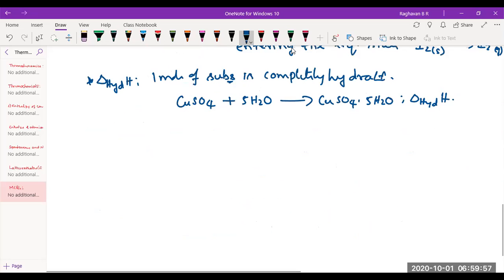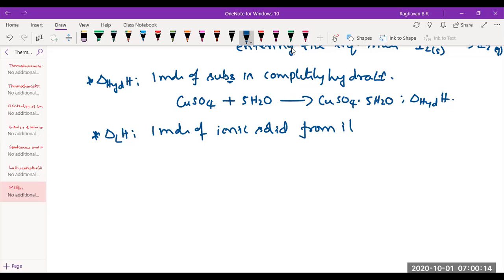Similarly, lattice enthalpy we have. It is for 1 mole of ionic solid formed from its gaseous ions. So this is what is lattice enthalpy.